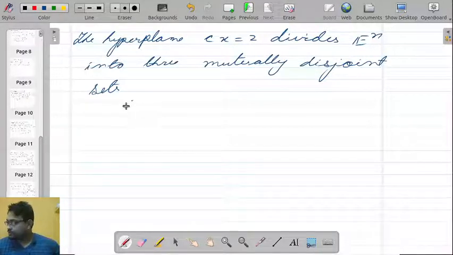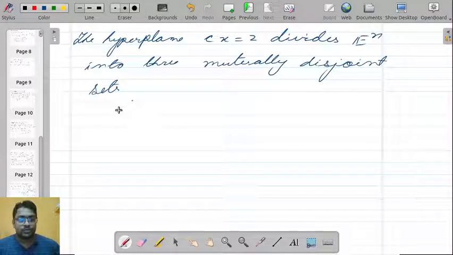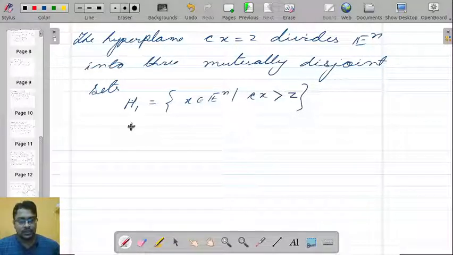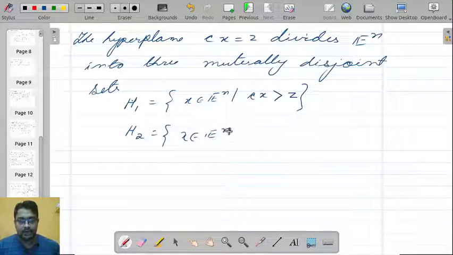I write these as the half spaces. Mutually disjoint sets, let's say H1 equal to the set of x in E to the power n which satisfy Cx is strictly greater than z. H2 is the set of all those x in E to the power n which satisfy Cx is exactly equal to z.